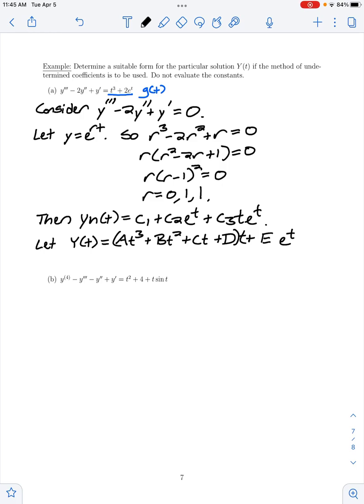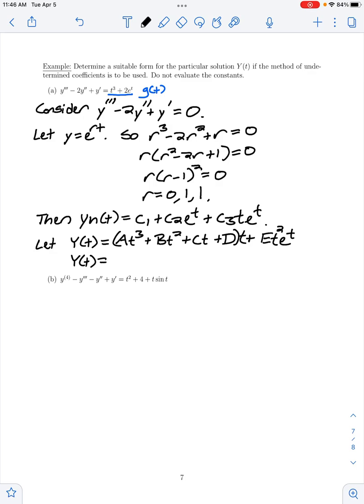And then we had r equals 1 was a double root of the characteristic equation. So our homogeneous solution also contains a constant times e to the t and a constant times t e to the t. So our last term for the particular solution, where we have a constant times e to the t, must be multiplied by t squared, since 1 was a double root.